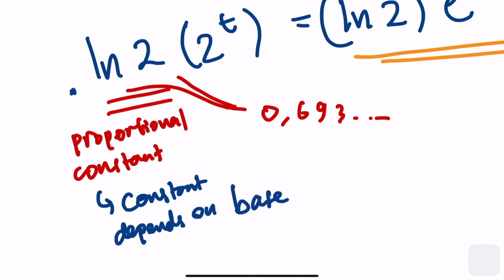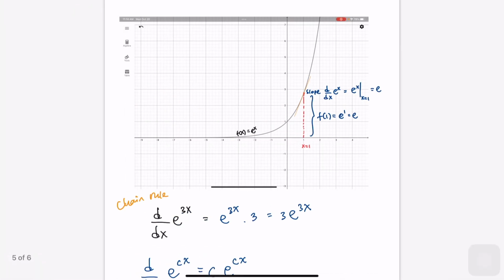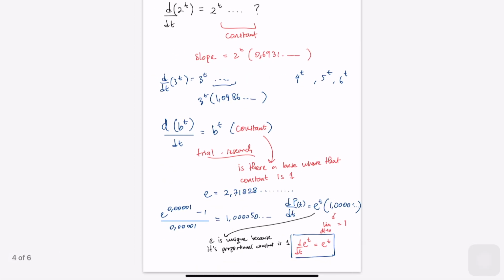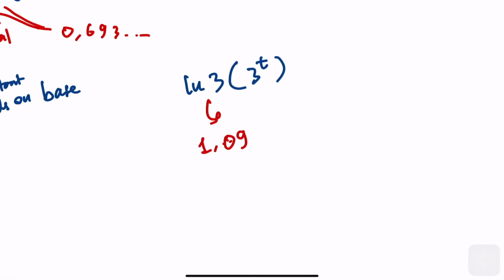And when you have 3 to the power of t, the constant is ln 3, which equals 1.09.